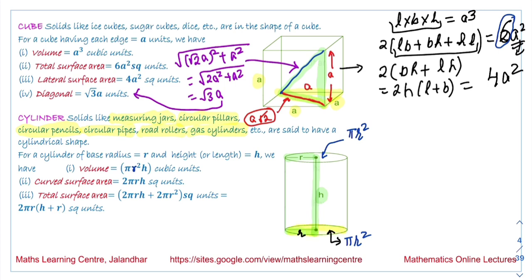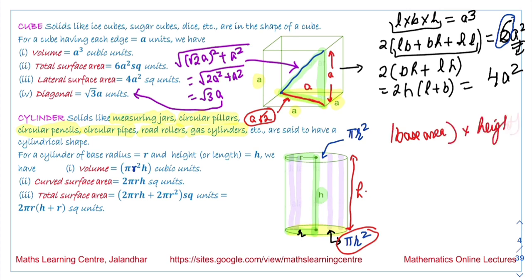At each point over here, the height from the base is h. So the volume we can calculate using the formula base area into height. The base area is pi r square and the height is h, so it is pi r square h. This is the formula for the volume of the cylinder.